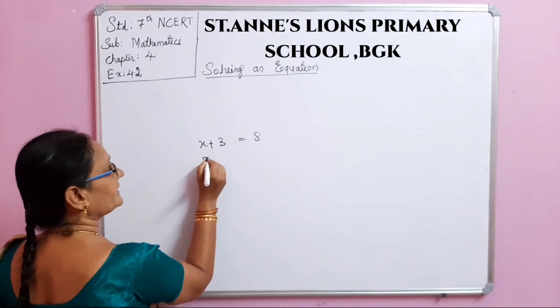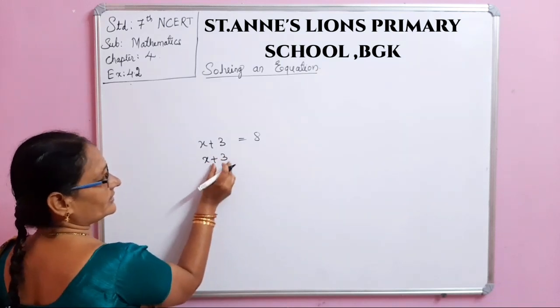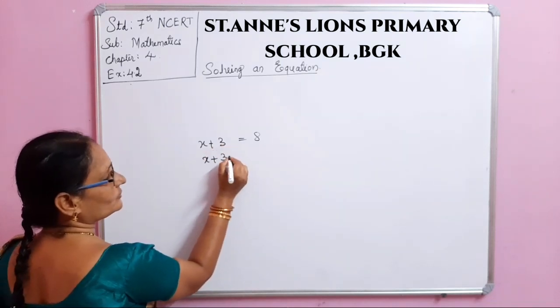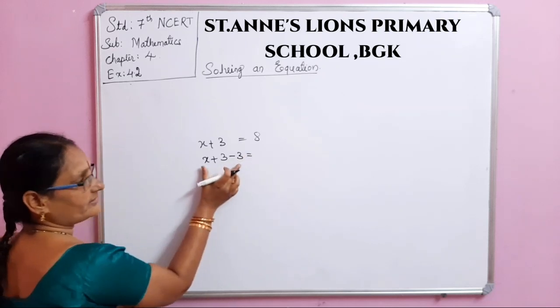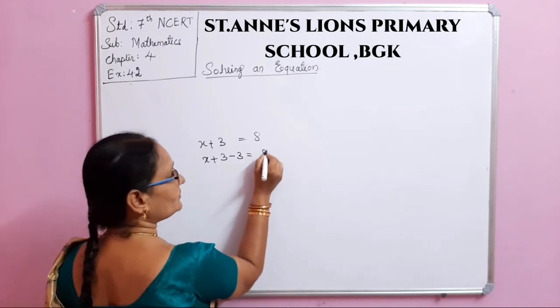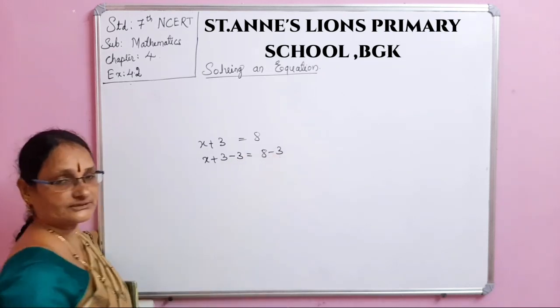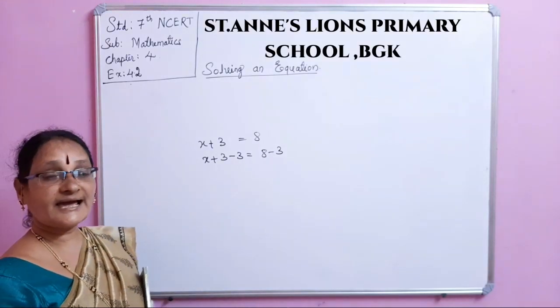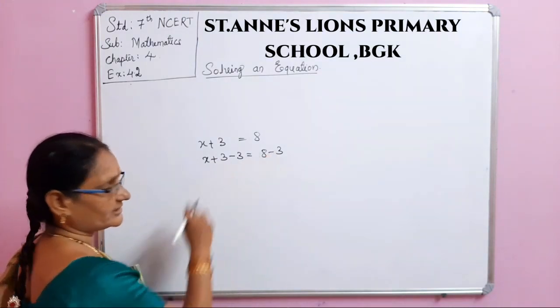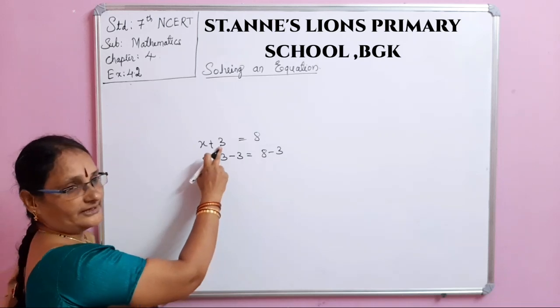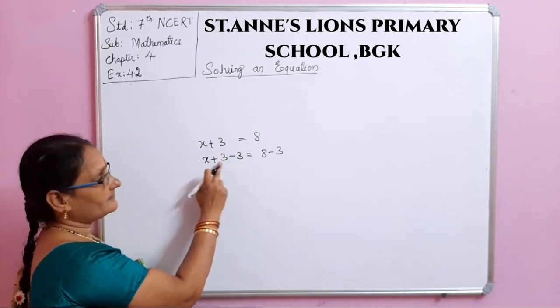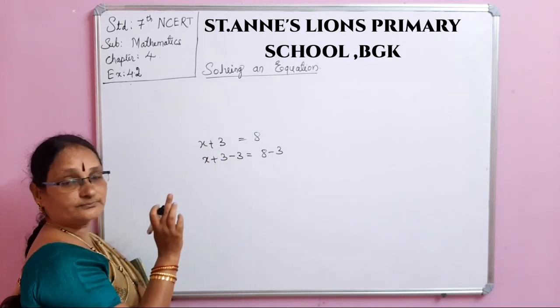See here x plus 3 is there. Here to make it 0, we have to minus by 3. Whatever we are doing here, same thing should be done even in the RHS also. If it is plus 3, we have to write here minus 3. Plus 3 minus 3 will become 0.